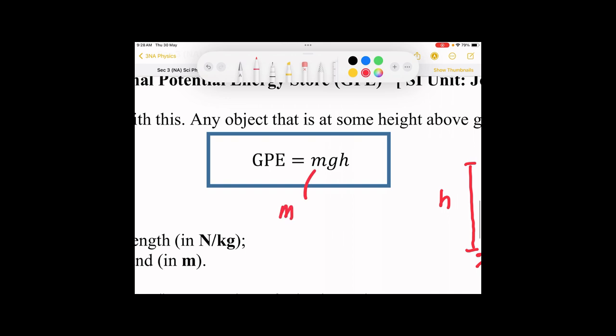This m is the mass as usual, g is something that we have learned in chapter 2, chapter 3, your gravitational field strength, basically saying how strong gravity is at the location.